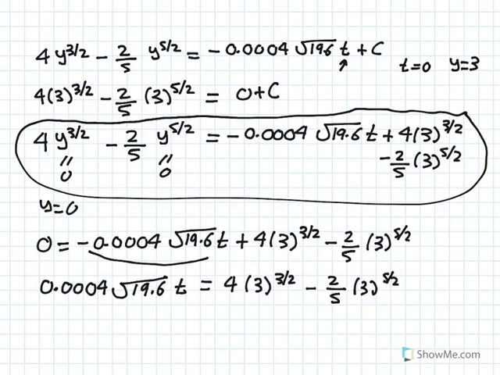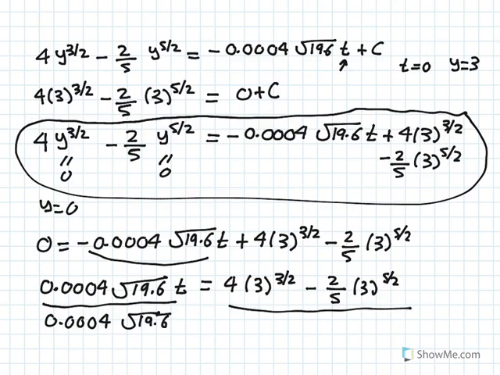So it's very easy now to solve for time. Divide both sides by 0.0004 root of 19.6, and divide the right-hand side by the same quantity. And these all cancel out, and we can solve for the time.